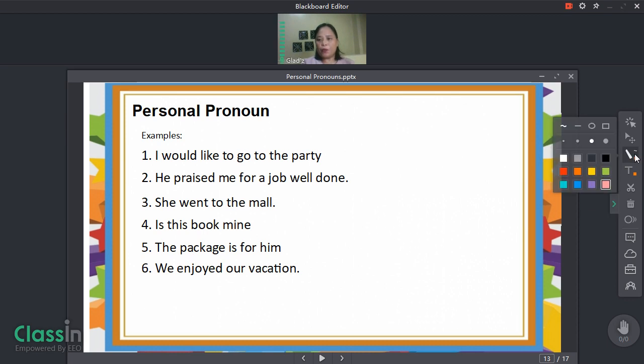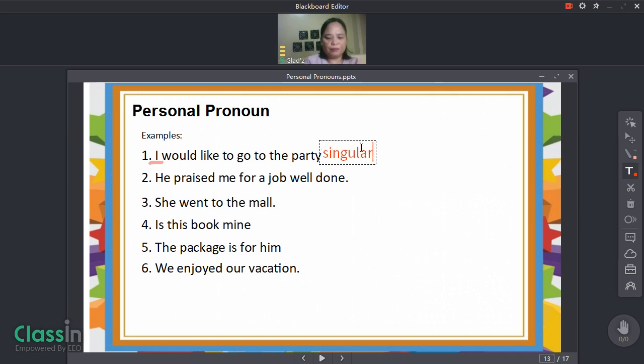For number one, what is the personal pronoun used? Of course, the pronoun I. What number is the pronoun I? It is singular. Very good. How about the person?